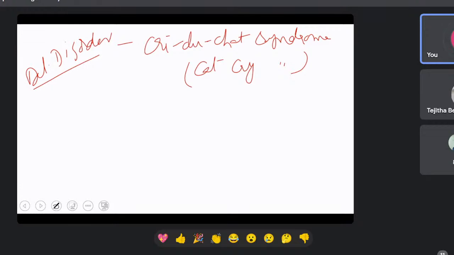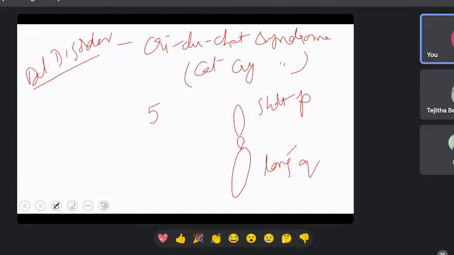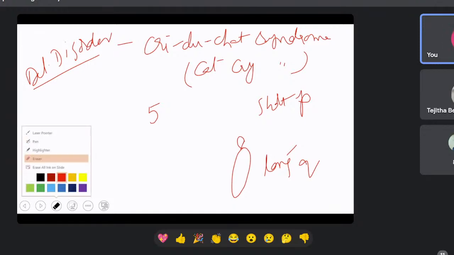So how does this occur? This occurs due to a deletion in the fifth chromosome. The fifth chromosome is a submetacentric chromosome, which means it has a short arm and a long arm. The short arm is always designated with small p, and the long arm with small q.